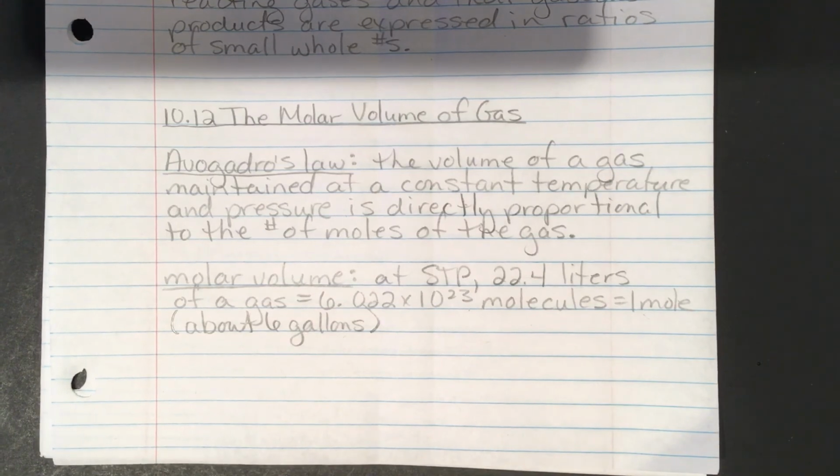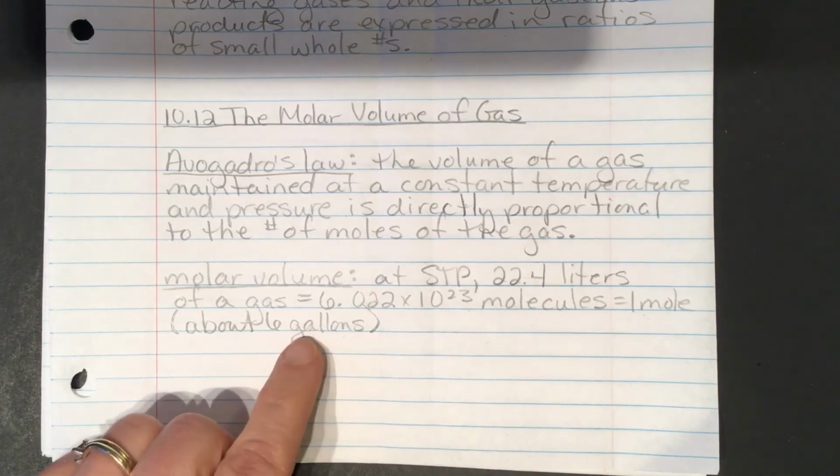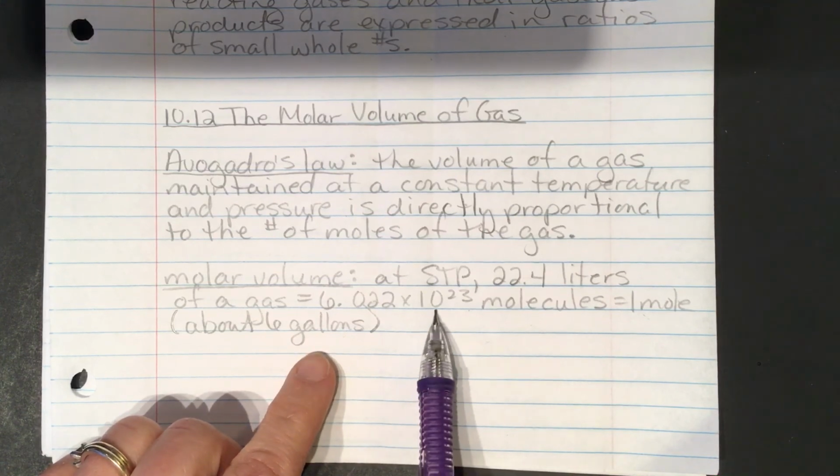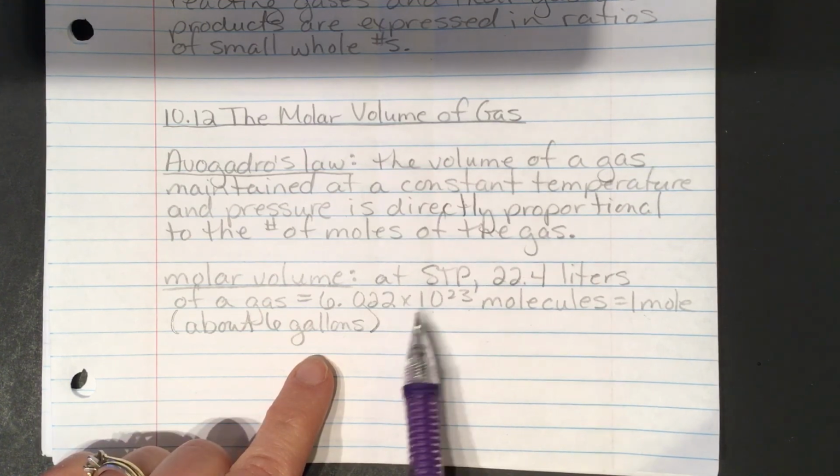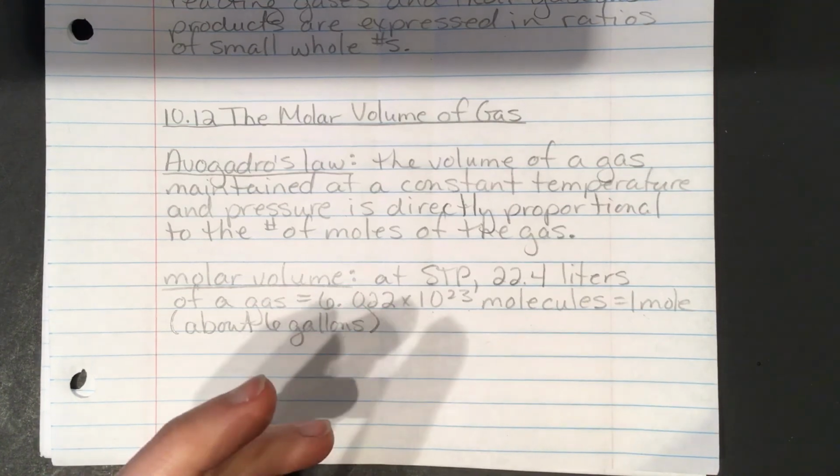This really gives you an idea of how small these molecules really are, to be able to have that many of them in 6 gallons, because there's no way we can even conceptualize this number. We talked about that before. We can hardly conceptualize a million, let alone 6 with 23 zeros after it.